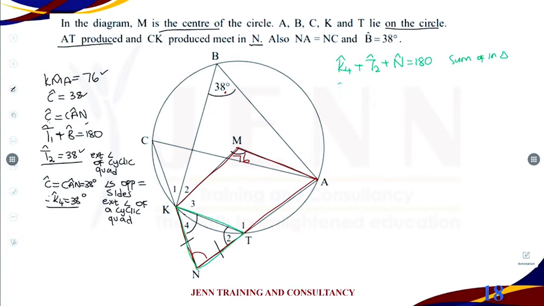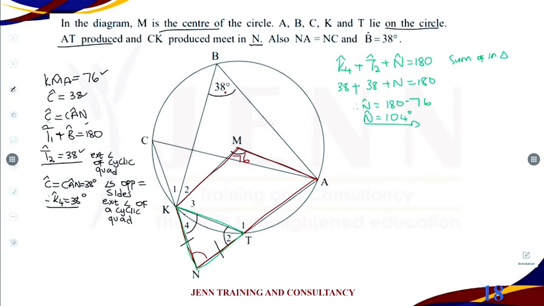The size of K4 is 38, plus the size of angle T2, which is 38 as well, plus N is equal to 180. Therefore, N is equal to 180 minus 76. So the size of angle N is equal to 104 degrees.